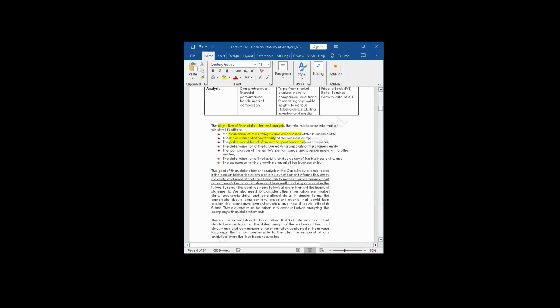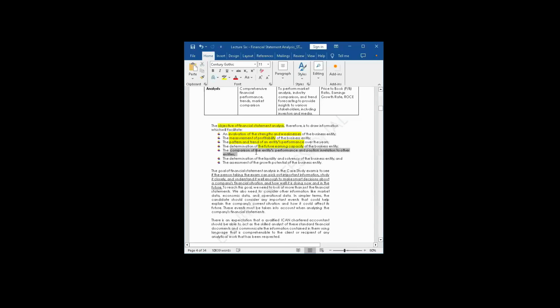This pattern can help us predict what will happen in the future. If revenue has been growing at a particular rate over the years, then we can predict that in the next 2, 3, 4, 5 years, revenue can grow at so percentage. That can also help us predict the future earning capacity of the business, because we have seen the trend in previous years.